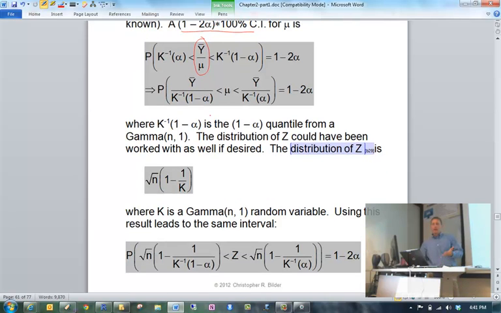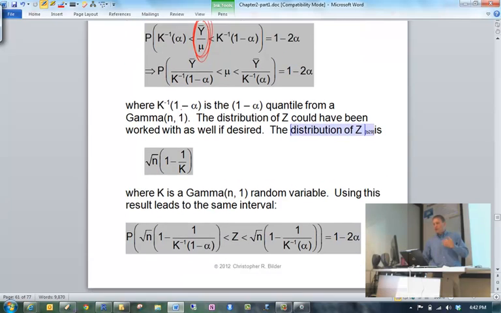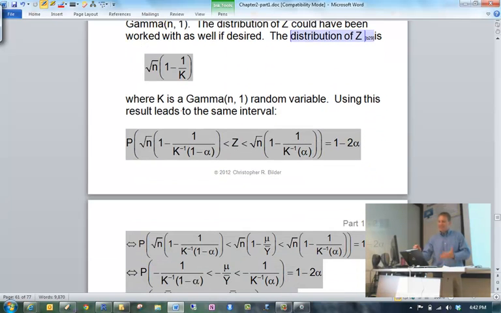Alternatively, what you could have done, even though it's not necessary, I do this for emphasis, notice I'm not actually using Z itself in here. I'm using just part of Z. But if you did actually use Z itself, you could go through the exact same type of derivations. So for example, the distribution of Z then is the distribution of square root of n times 1 minus 1 over K, where K is a gamma(n, 1) random variable.